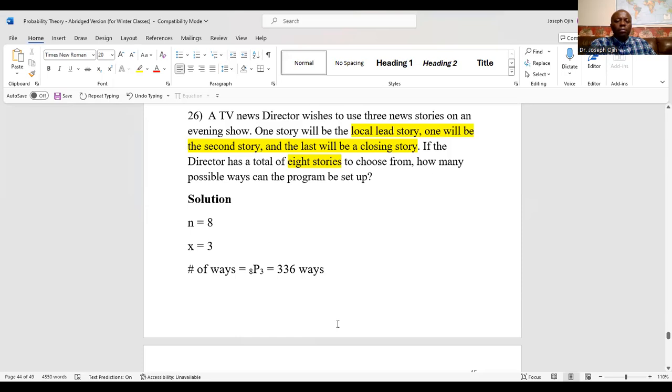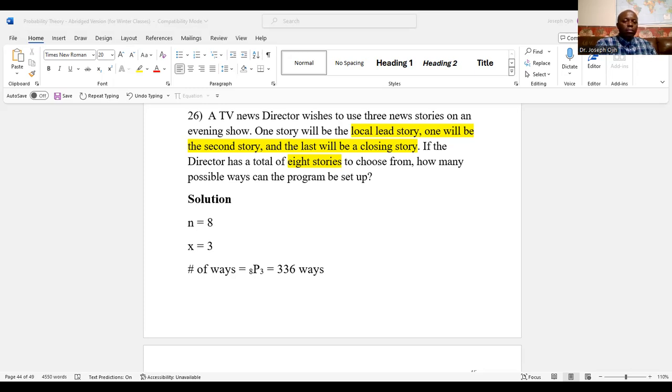Let's see. That is a good question. Excel formula for permutation and combination.